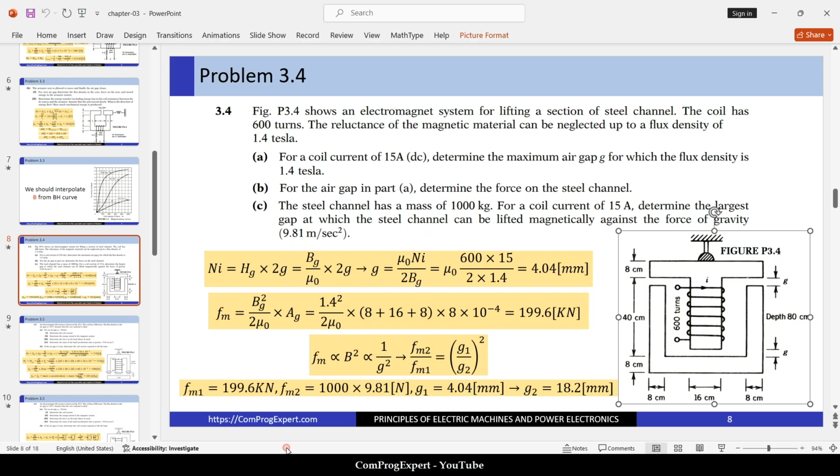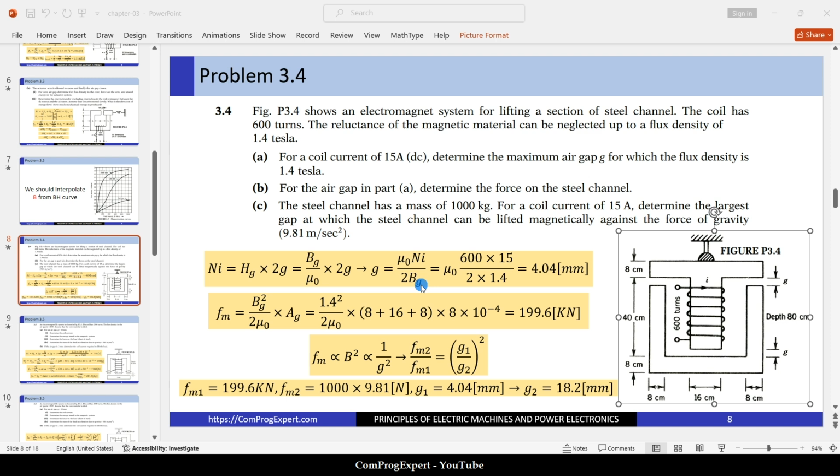Anyway, so here, instead of H gap, we can write B gap divided by mu 0. And finally, the gap thickness will be equal to mu 0 times N times I divided by 2 times B gap.